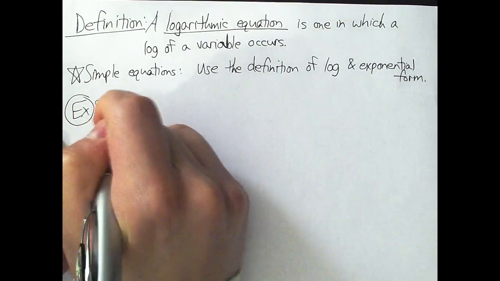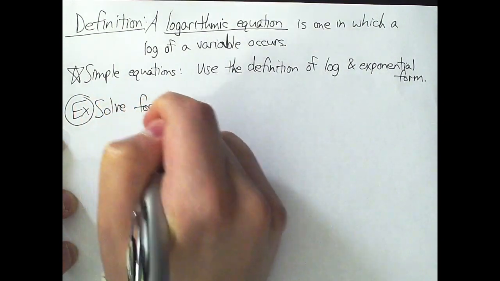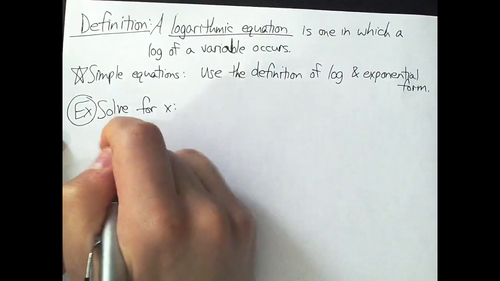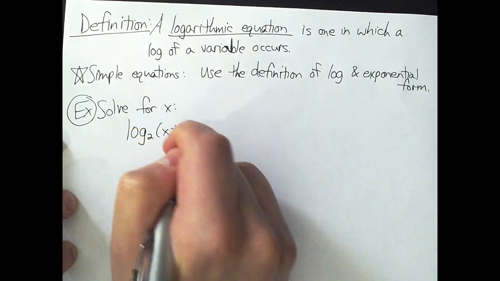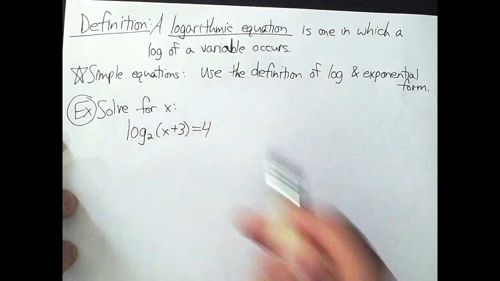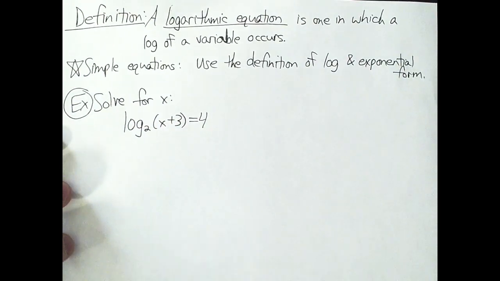So for example, let's say we want to solve for x. Log base 2 of x plus 3 equals 4. This is a logarithmic equation. There is a log and the variable is on the inside. It happens to be base 2.